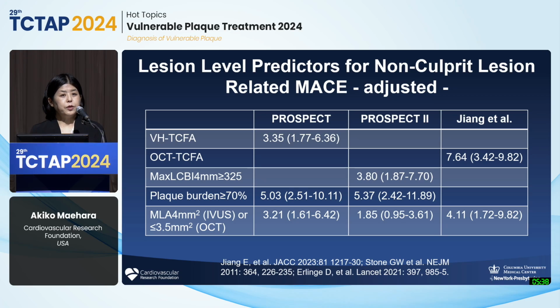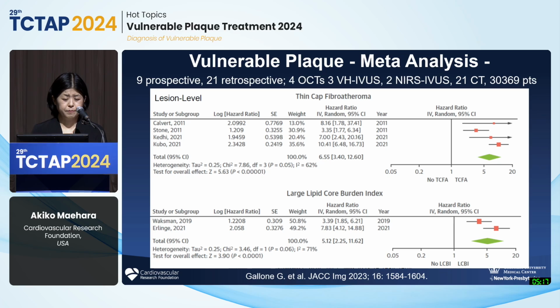And if you look only at multi-vessel imaging studies and lesion-level data, the answer is very consistent. Plaque burden is always significant, and so is minimum lumen area. But when we look at lipid-rich plaque, OCT-defined TCFA seems to have a higher hazard ratio compared to NIRS-defined TCFA. This is a meta-analysis, and it is consistent, showing that TCFA or lipid-rich plaque causes future events.